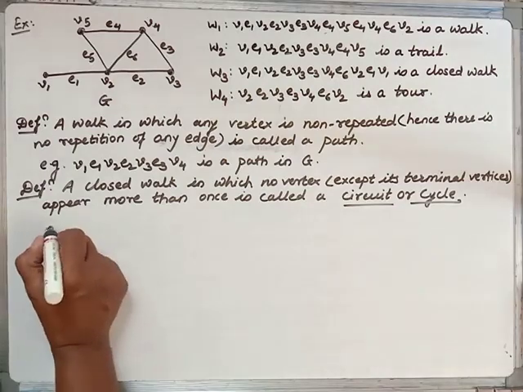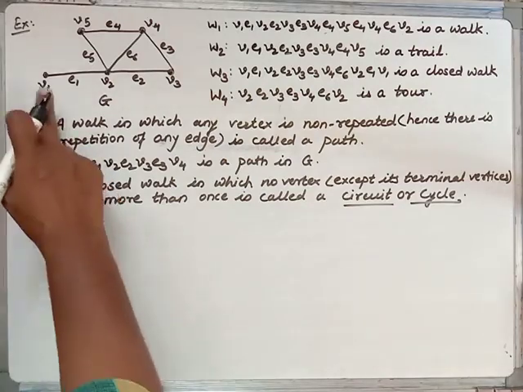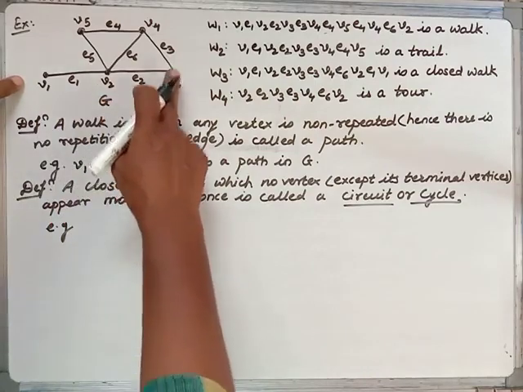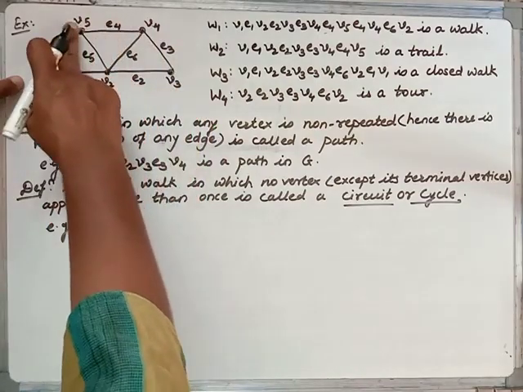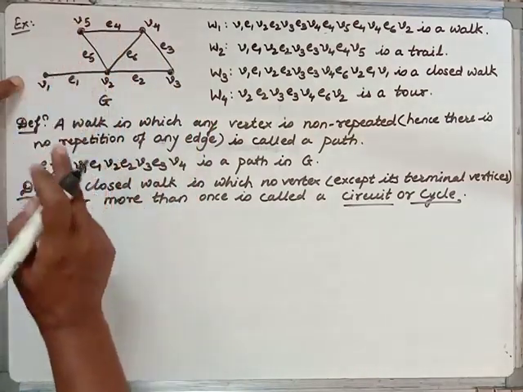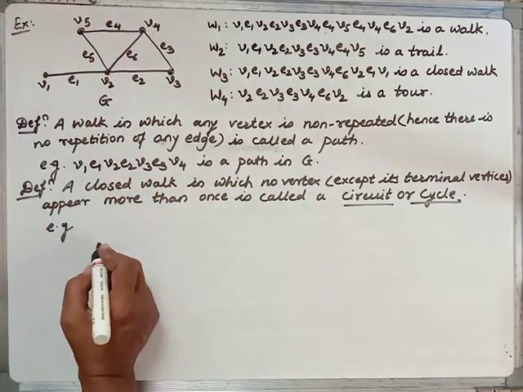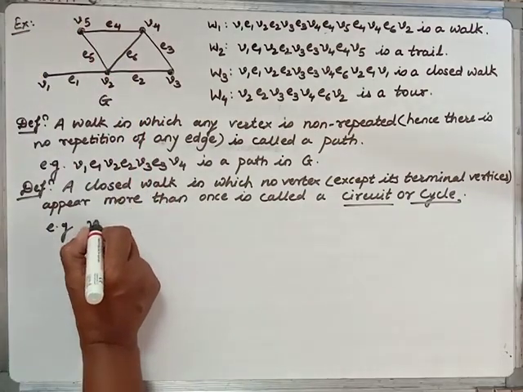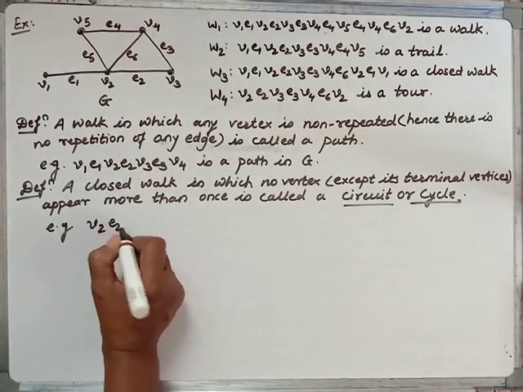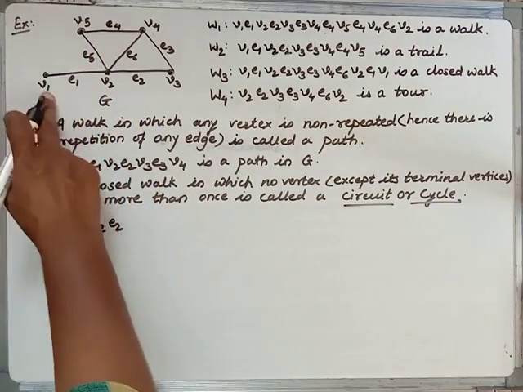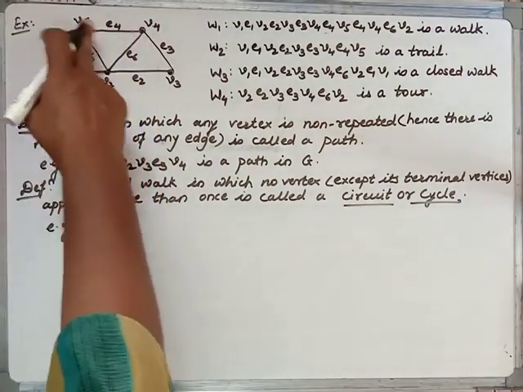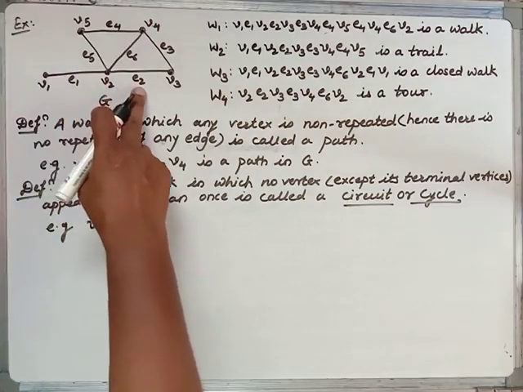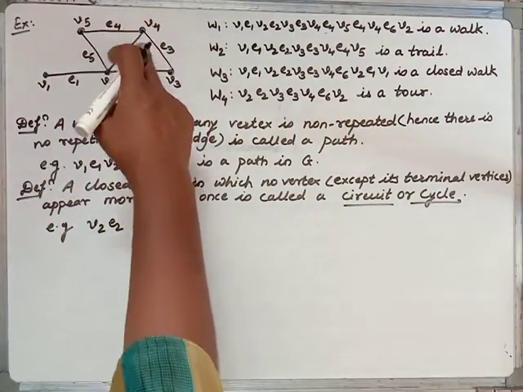Now for example, here we can take V1, E1, V2, E2, V3, E3, V4, E4, V5, E5, V2. As such we can come. Or V2, E2, V1, E1 we cannot take because it will be closed. So V2, E2, V3, E3, V4, E6, V2.